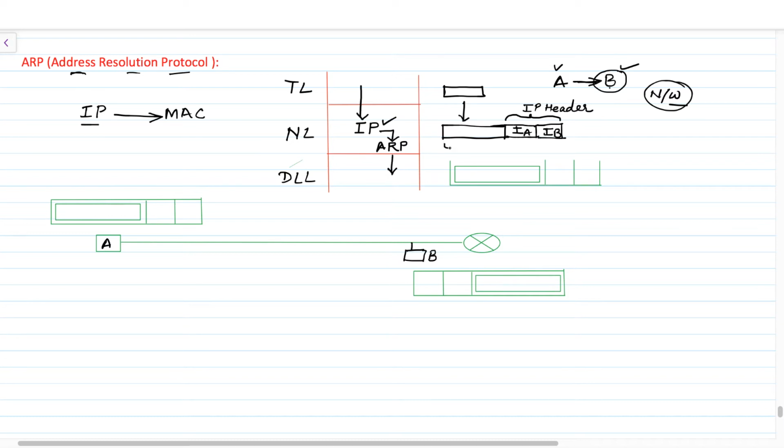Now this data and this complete header is going to act as data for the data link layer. Means this datagram will be forwarded in the frame. In order to forward this datagram to the data link layer, it will be forwarded via ARP. Suppose this is the datagram, here it is source IP IA and its destination IP IB.